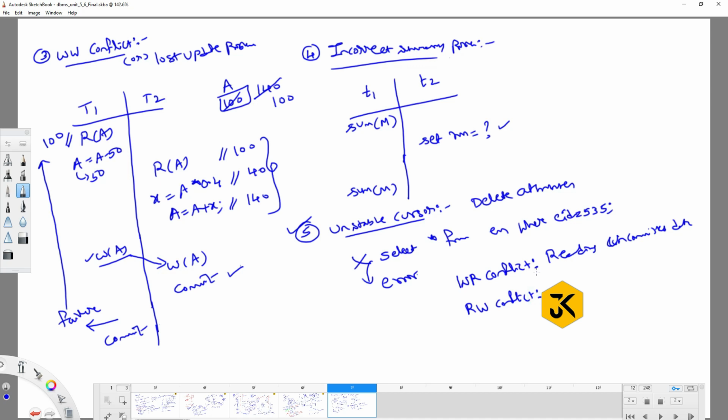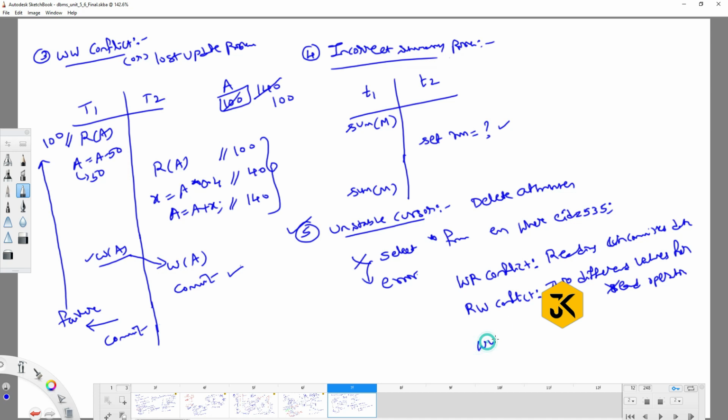Because the same transaction contains multiple read operations. We can say that two different values are obtained for the same read operation, for the same read, so we can say that it is a read write conflict.